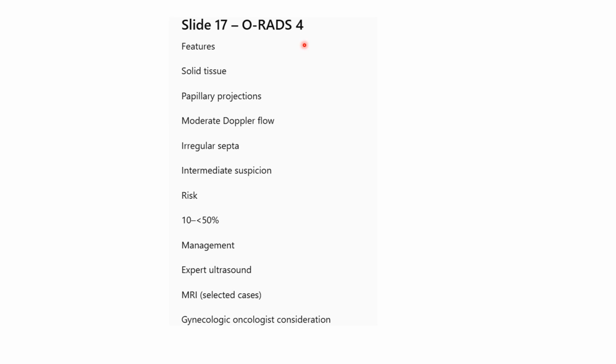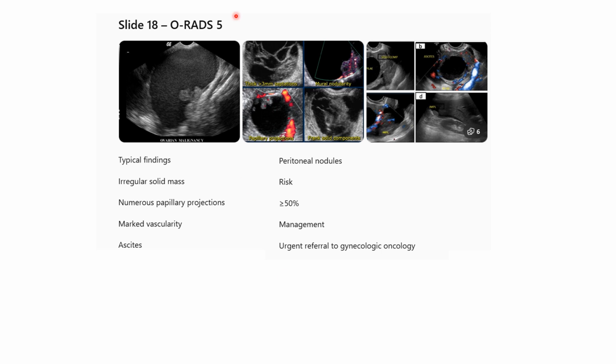Now O-RADS class 4 features solid tissue, papillary projections, moderate Doppler flow, irregular septa, intermediate suspicion, risk 10 to less than 50%. Management, expert ultrasound, MRI in selected cases, gynecological oncology consideration is recommended. O-RADS class 5, typical findings: irregular solid mass, numerous papillary projections, marked vascularity, ascites, peritoneal nodules.